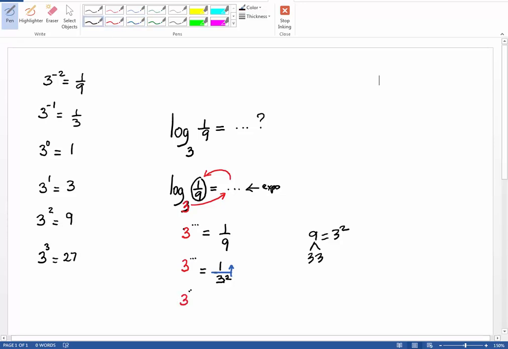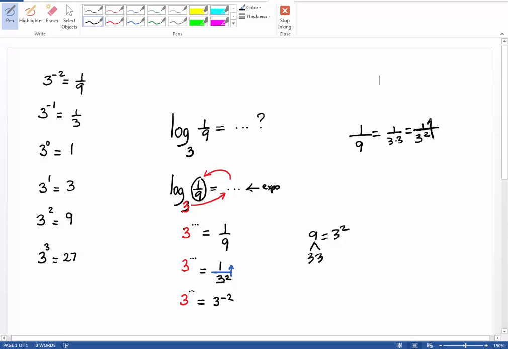So on the left-hand side you have 3 raised to this mystery power, and on the right-hand side you can rewrite it: 3 raised to the power 2, because it's in the denominator, it's 1 over 3 squared, that's 3 raised to the power -2. So let's see why again. 1 over 9 is 1 over 3 times 3, which is 1 over 3 squared.